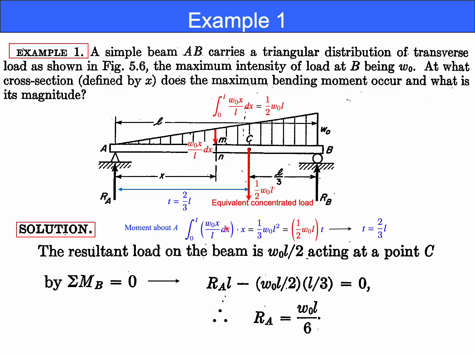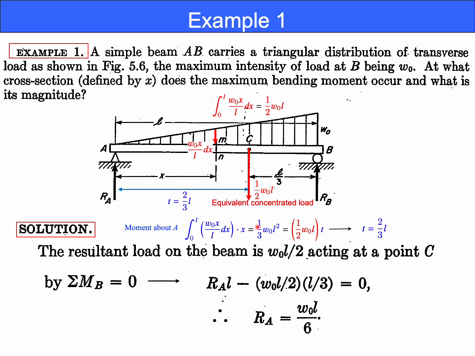This is the distributed force at x, and you multiply by x to calculate the moment effect, and you integrate this moment from 0 to L to have the total moment about A. Let's assume that the equivalent concentrated load 1/2 times W0L is applied at a distance t from A. So the moment generated by this force is 1/2 times W0 times L times t.